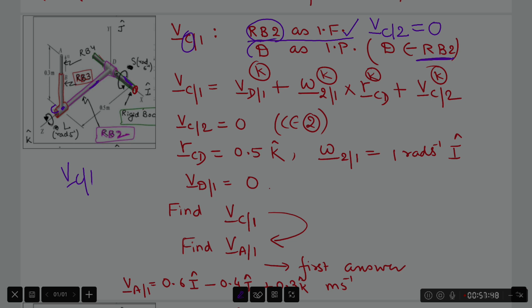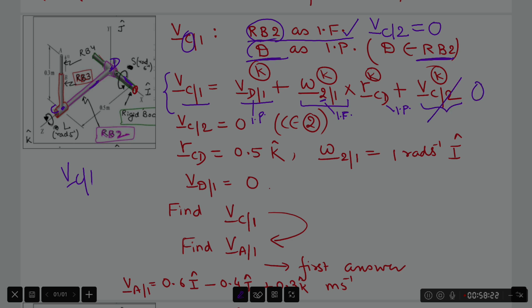And that point indeed in this case is D. So I am choosing D as my IP and then going to write the velocity transfer relationship such that VC1 is written as VD1 plus omega 21, 2 is the IF, cross RCD, this is the IP, plus VC2. But VC2 is already 0.